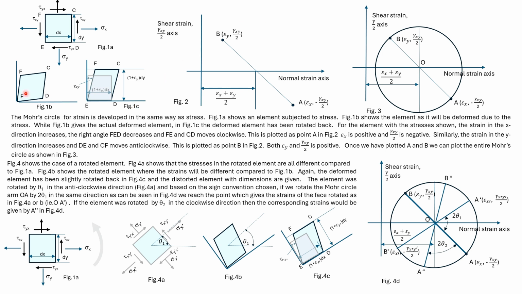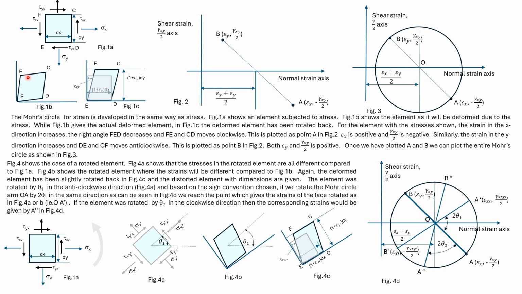In figure C, this element has been rotated slightly and the strains are shown. The shear strain is shown on one side. Consider the side CD. The normal strain is epsilon x, and since CD rotates clockwise, the shear strain is minus gamma xy divided by 2. It is plotted as point A.